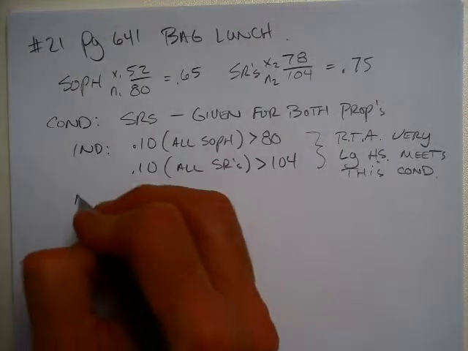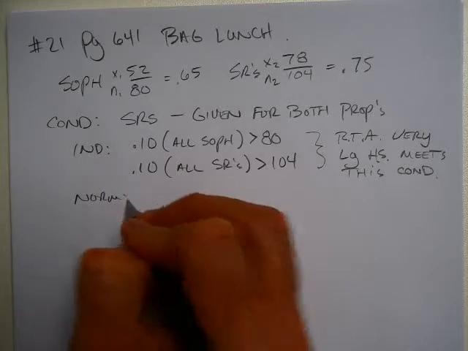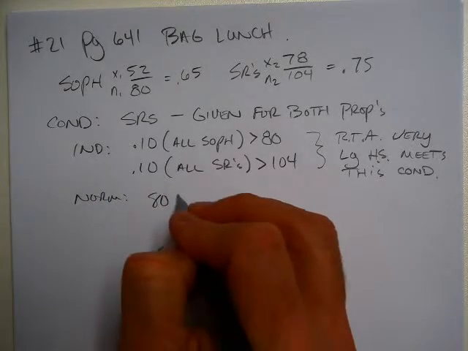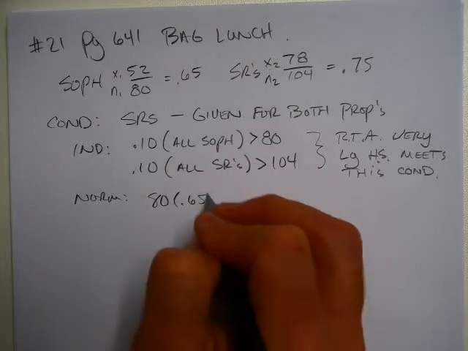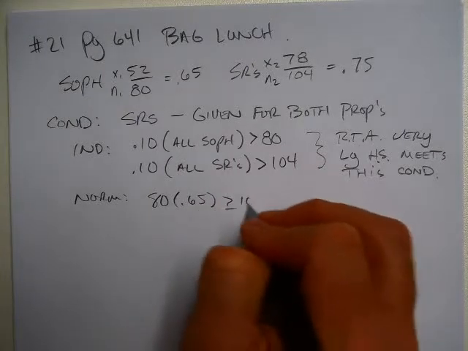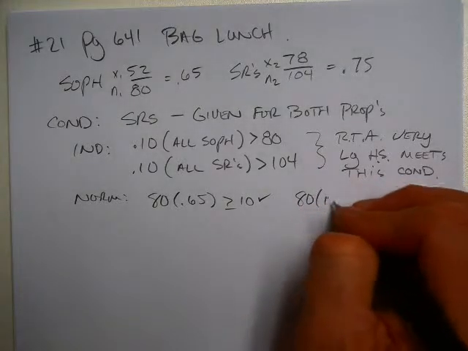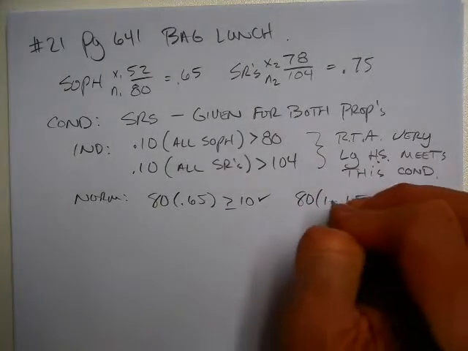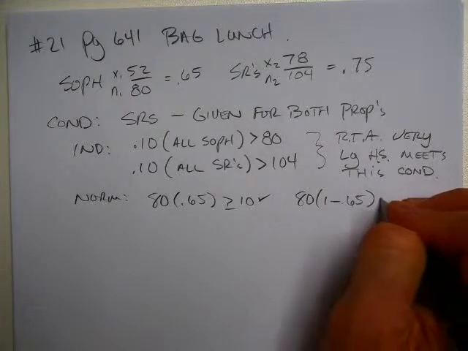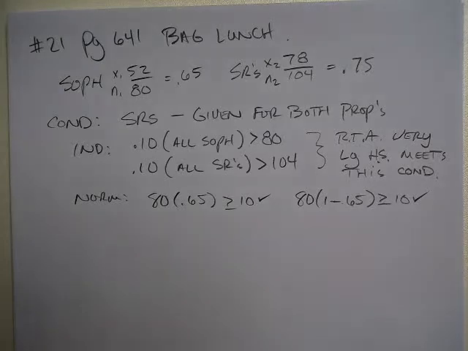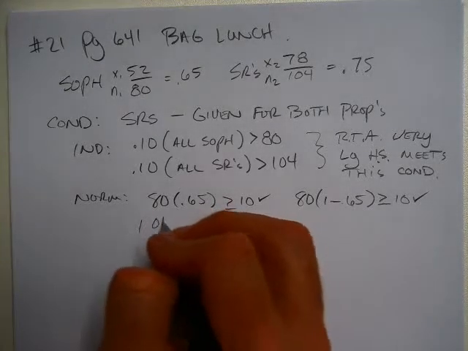Is it normal? Well, is 80 times 0.65 greater than or equal to 10? Yes, for sure that's true. 80 times 1 minus 0.65, which would be 0.35, greater than or equal to 10? Yes, we're good for the sophomores. We've got to check it for the seniors.